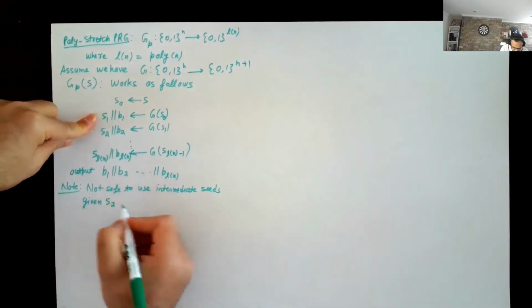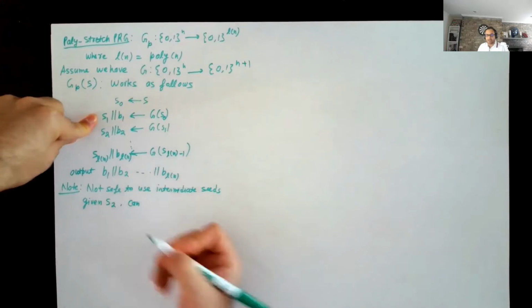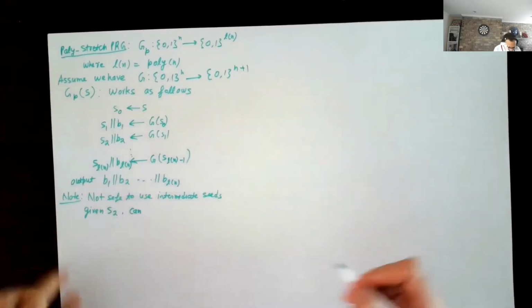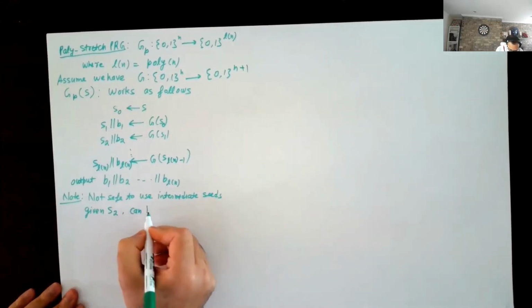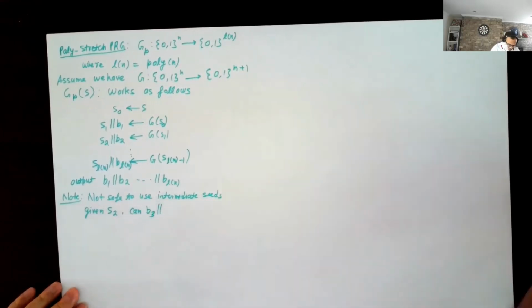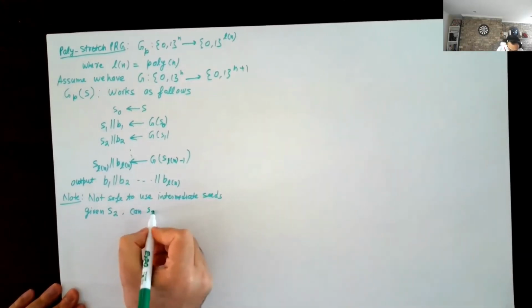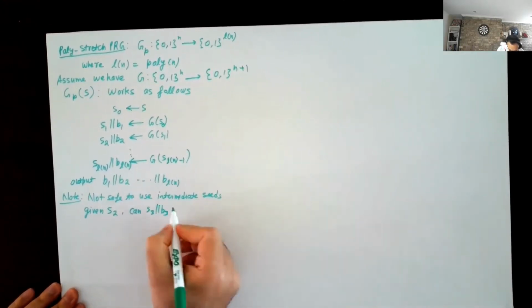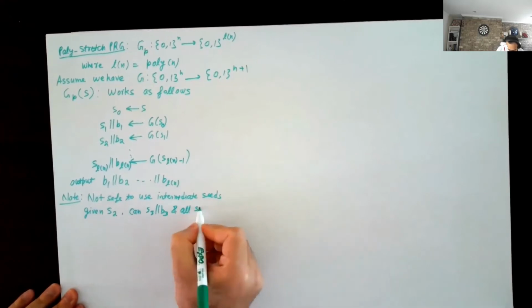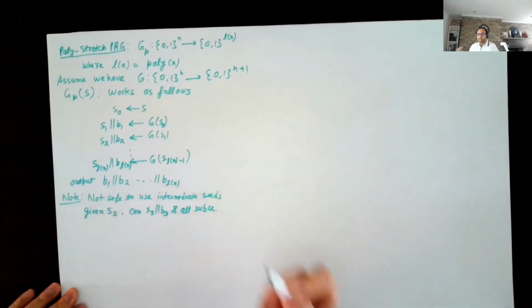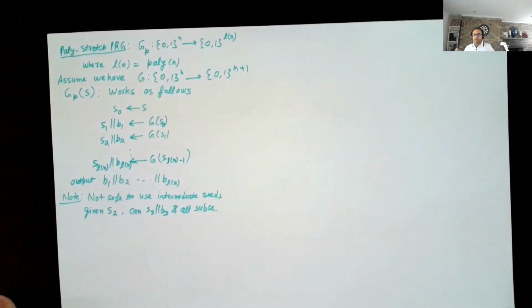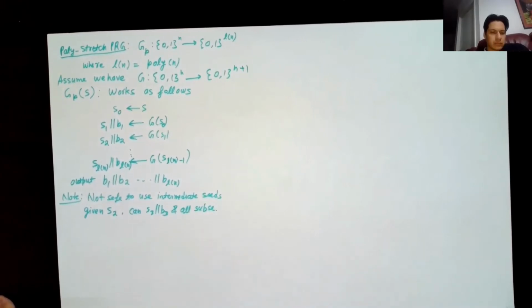Given S2, one can actually compute S3, B3, and all subsequent bits as well as subsequent seeds. So you don't want to have S2 in the output.